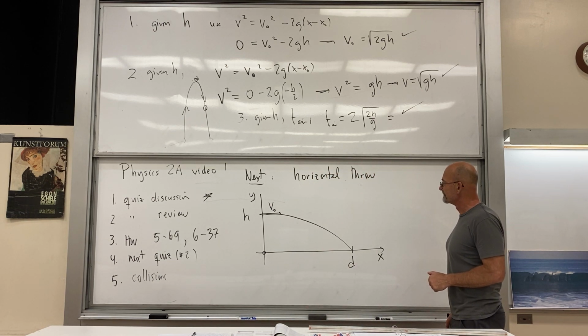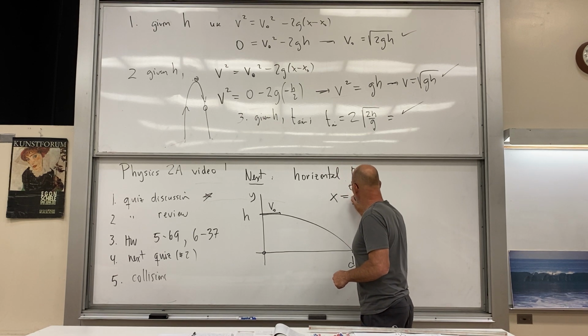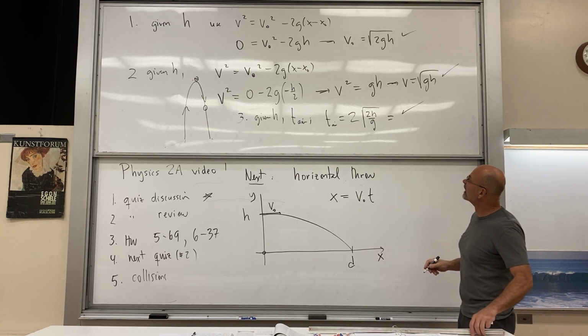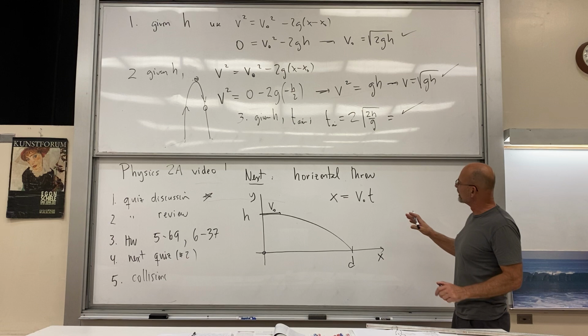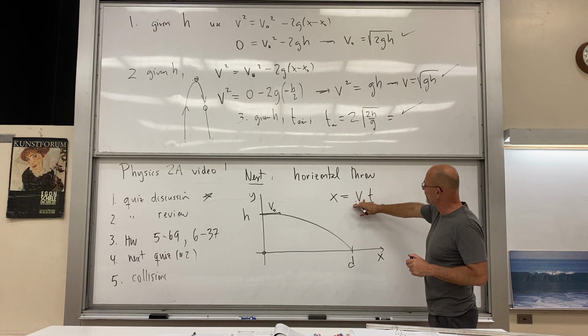So what we have is this: horizontal motion is just uniform motion. I don't have the formulas up now. You'll do that later. I'm just going to remind you what's going on here.